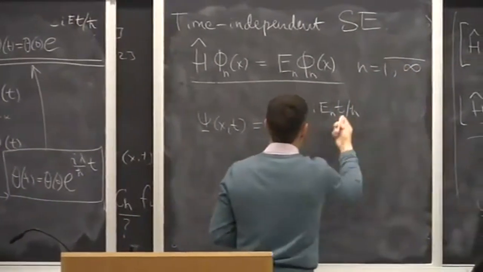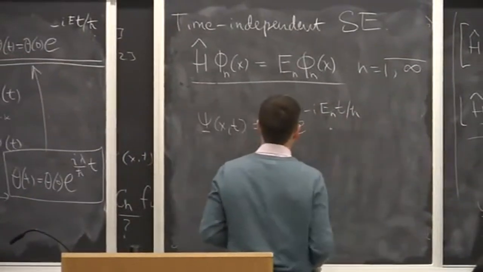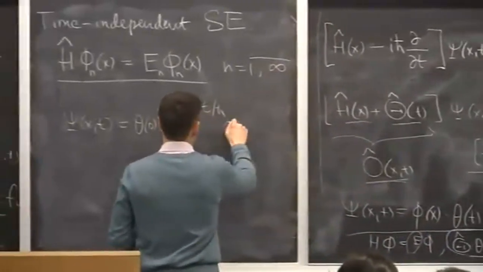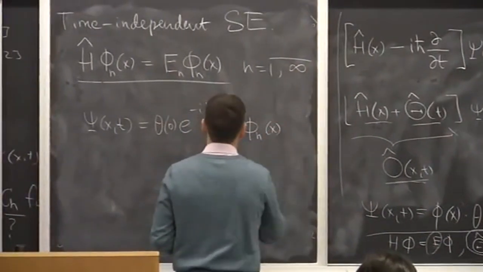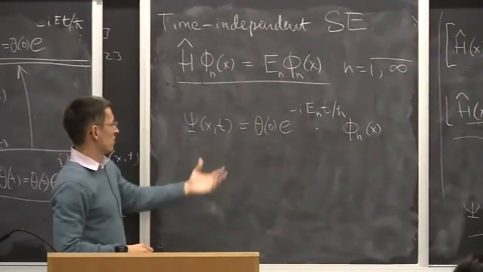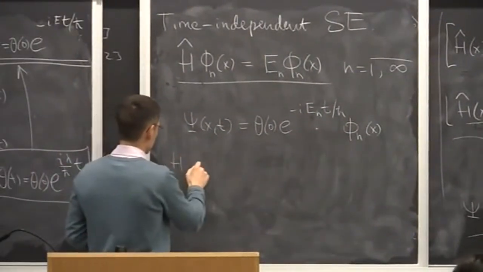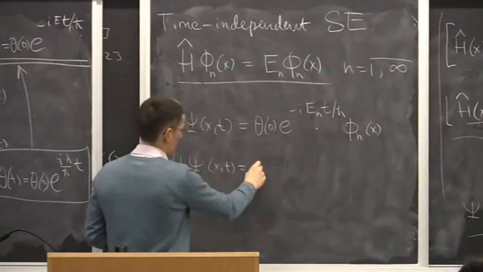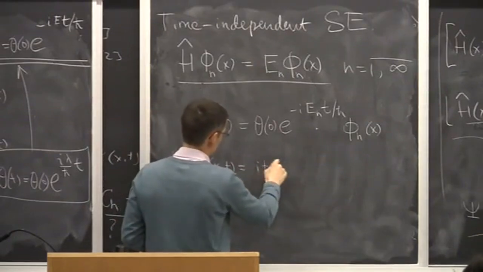So this is the time-dependent part, and I multiply it by the corresponding phi_n of x. This function, when you put it in the time-dependent Schrödinger equation, will be its solution.